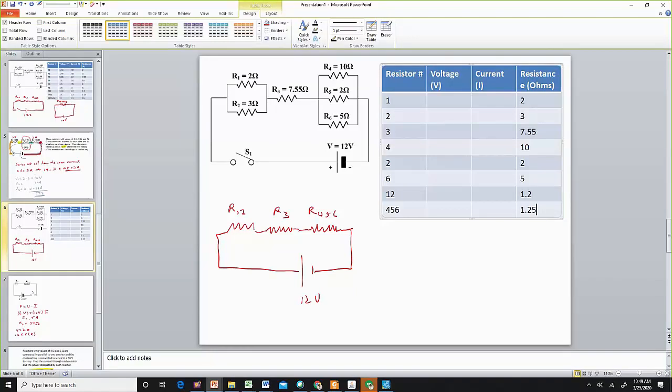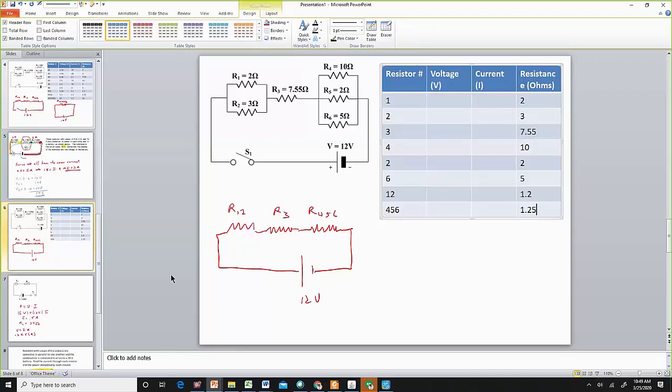Notice 1.25, that's less than the smallest resistor, which is 2 ohms. If you ended up with 2.5 or 7.3, whatever, you should know to double check, go back and check your math. Where did you go wrong? So now I have all my resistors in series, and I could take it one step further.